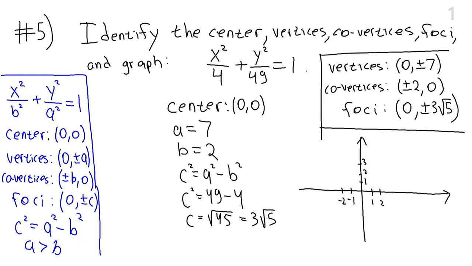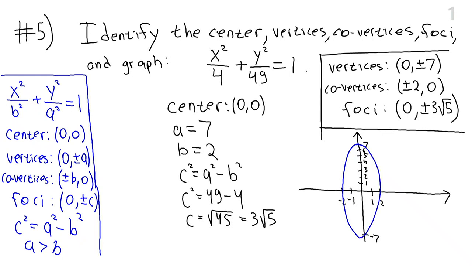It's going to be longer than it is wide because the larger number is under y. So if we want to graph our ellipse, it's going to look like this.